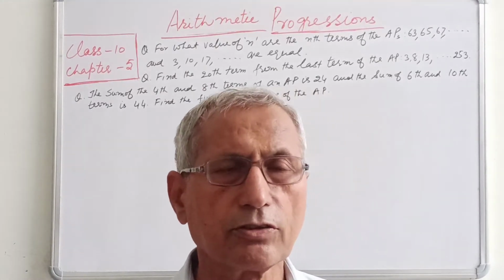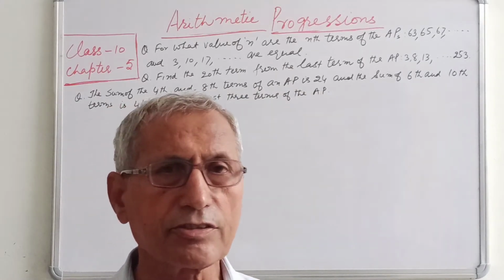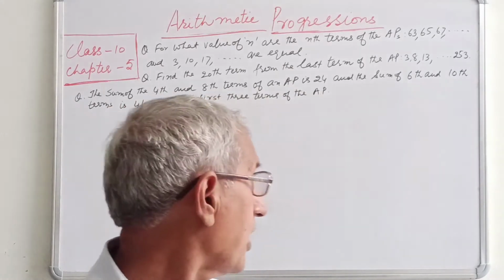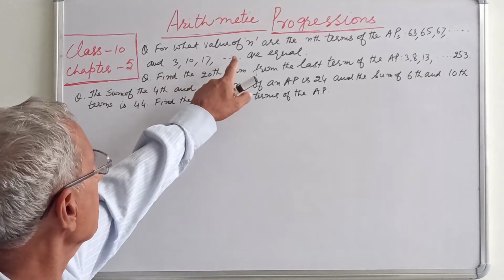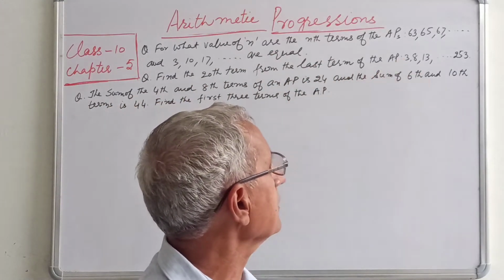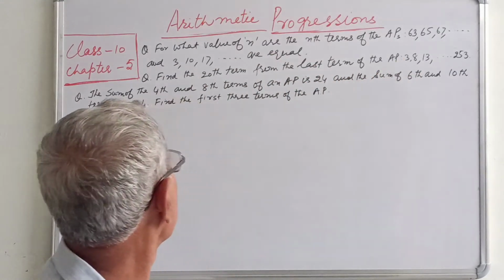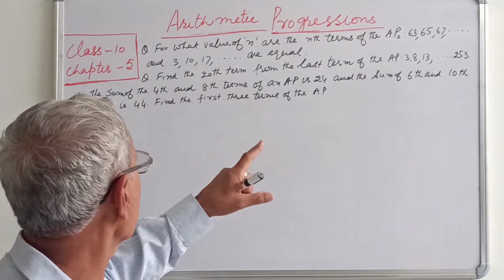So here is a video for you on arithmetic progressions. In continuation with the previous video, I have written 3 questions here. For what value of n are the nth terms of the APs 63, 65, 67 and 3, 10, 17 equal?